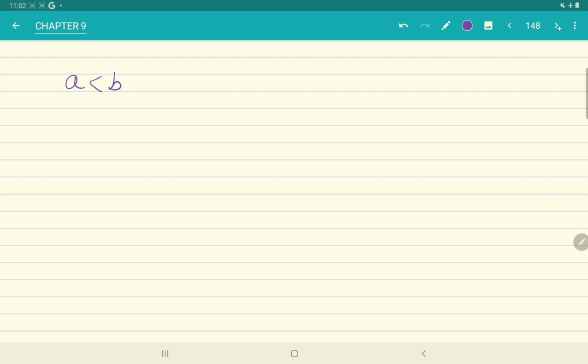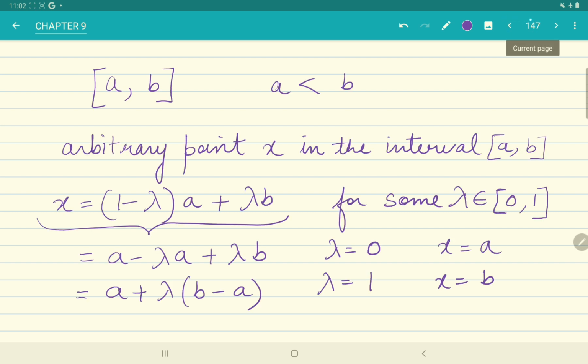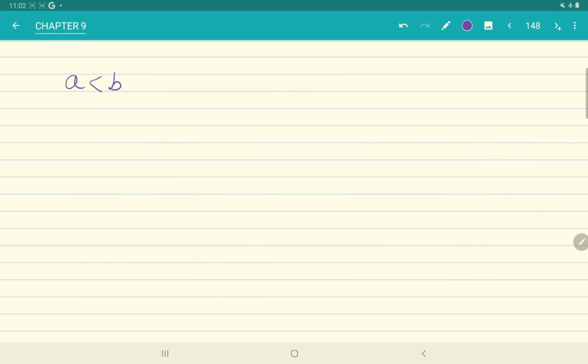And if I just take up what I have written as x, this, a plus lambda multiplied by (b minus a). Now if lambda is 0, then this expression is a. If lambda is 1, then this expression is b. If lambda is between 0 and 1, this expression is between a and b.